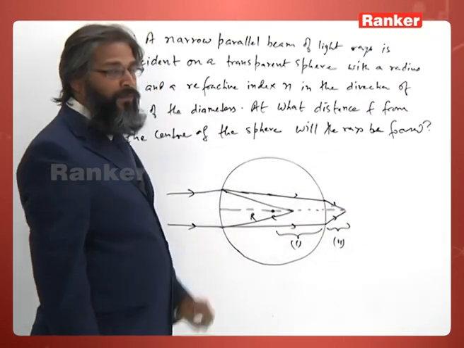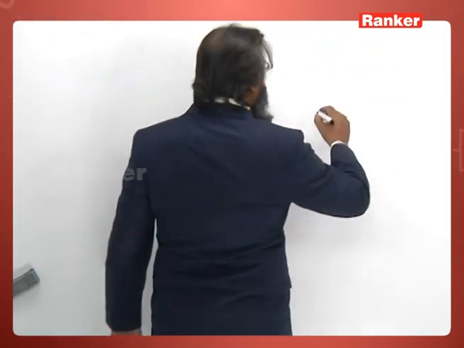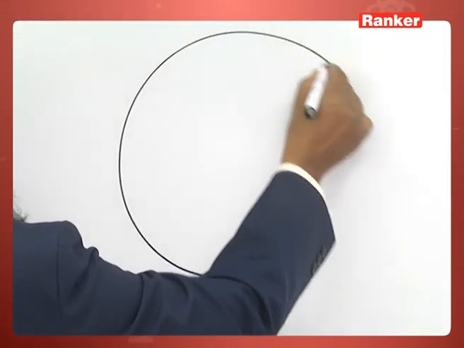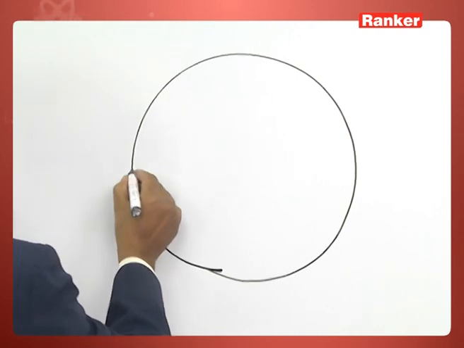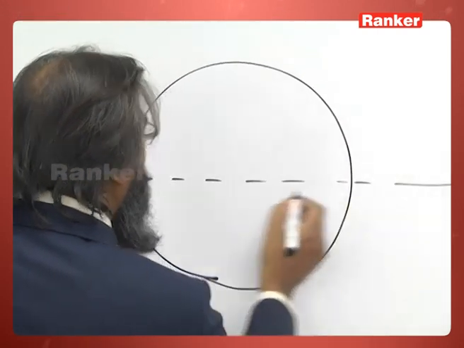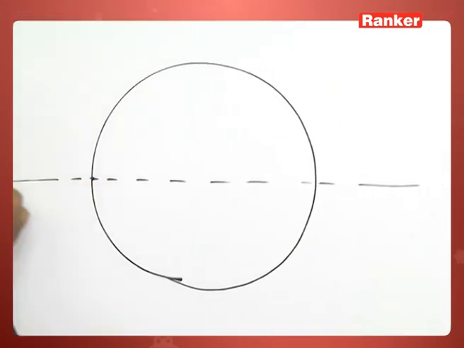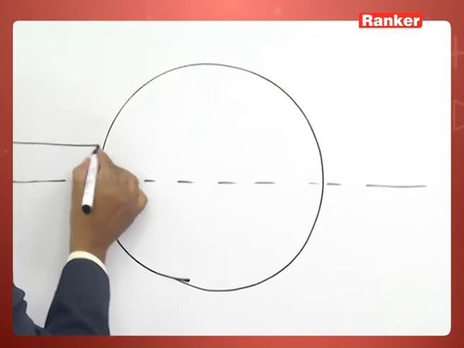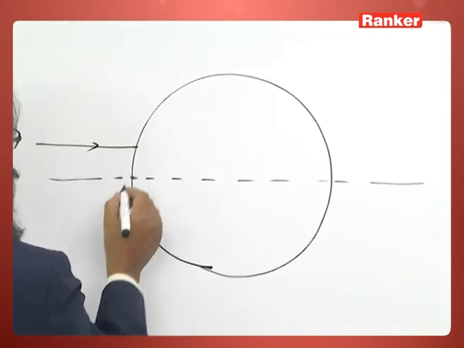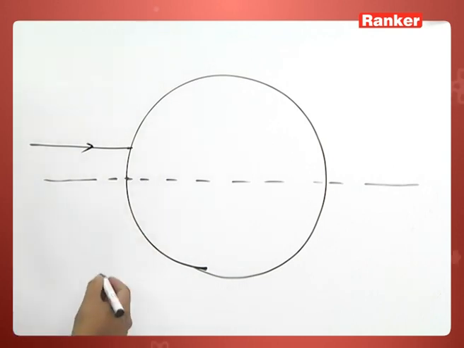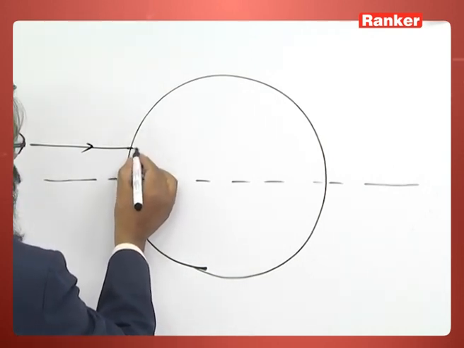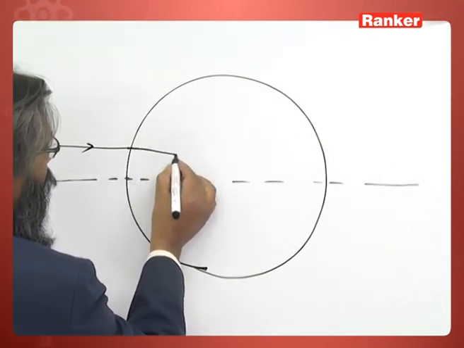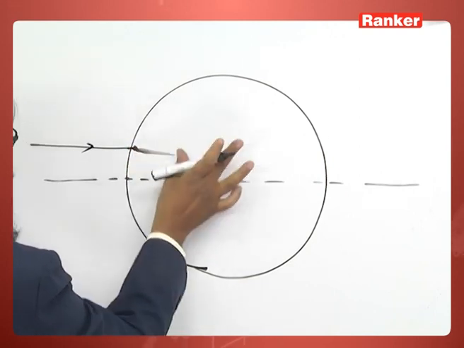Let us find out. Now this is my sphere and this is the diameter. Suppose we have a parallel ray here. This is my first refracting surface. Suppose the ray goes like this.